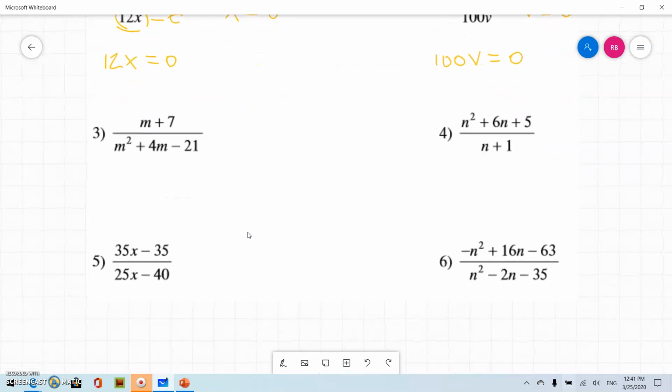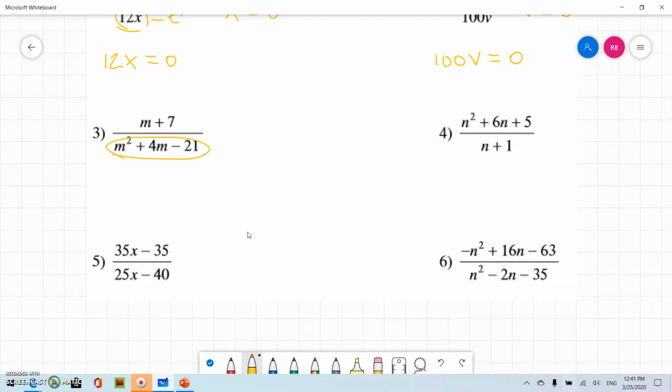Number 3, 4, 5, and 6 are a little bit more complicated than just setting them equal to 0, because, especially number 3 and number 6, it's a quadratic expression. That means you need to factor. So when you factor, you need to think about two numbers that multiply to negative 21 but add to 4.